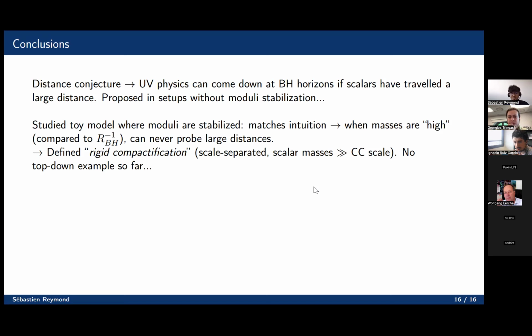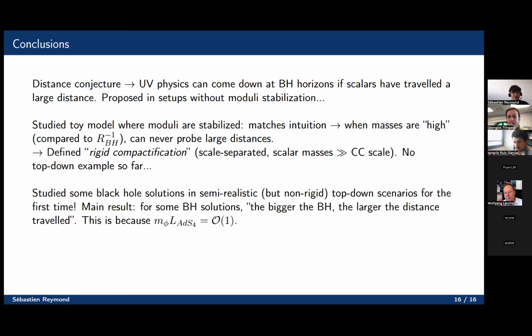So then we looked at the next best thing, if you will, and we studied some black hole solutions in semi-realistic but non-rigid top-down scenarios for the first time. The main result is that for some black hole solutions, you still have this behavior. The bigger the black hole, the larger the distance traveled, as for the moduli unstabilized case. And we guess that this is because the scalar masses are order 1 in ADS4 units, and so they're not very heavy compared to cosmological scales.